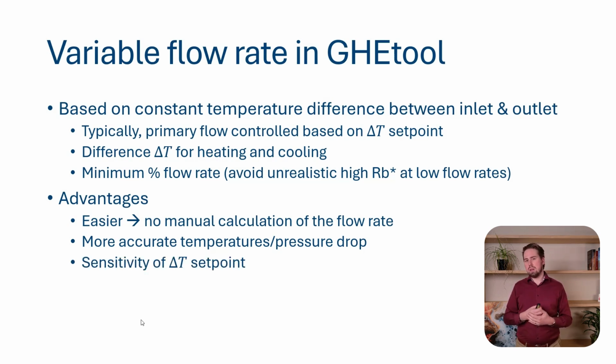And thirdly, we now have tools to do sensitivity analysis. So we can see what the effect is when we set the temperature difference set point to 3 or 5 degrees on our heat pump, let's say. Because that will change the flow rate, and that will also change the pressure drop, but also the borehole resistance and basically the whole design. So you have way more tools to actually calculate how your system will behave.